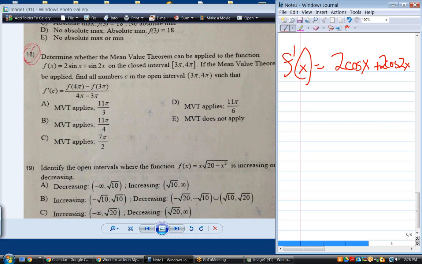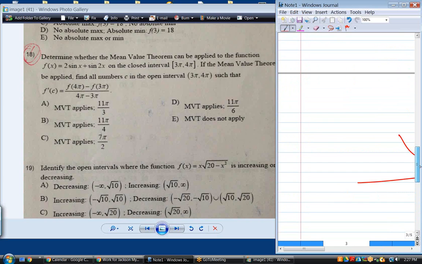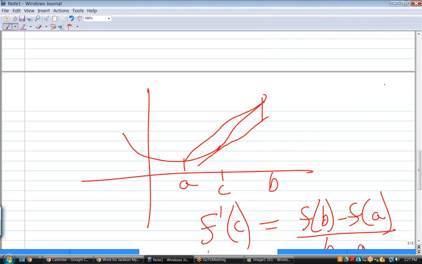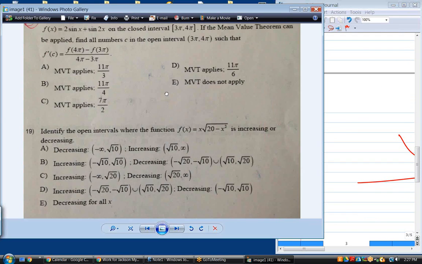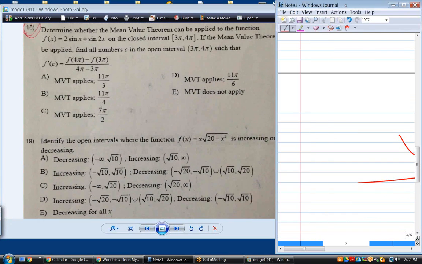Now, on the interval 3 pi to 4 pi, well, notice what that is. If I go back to my original drawing, let me move that up a little bit.